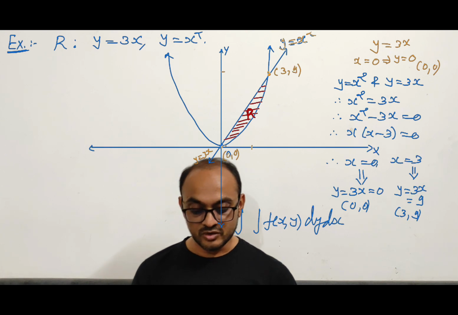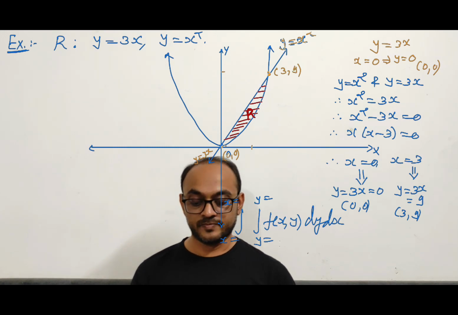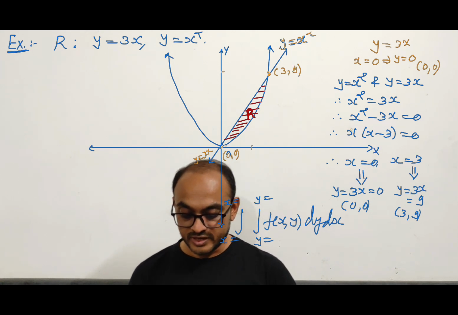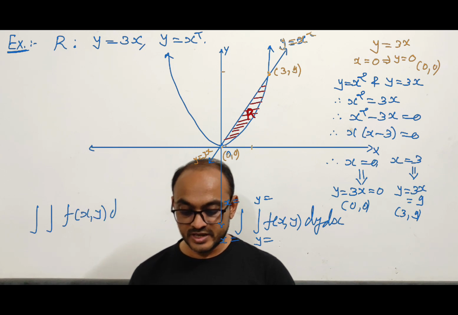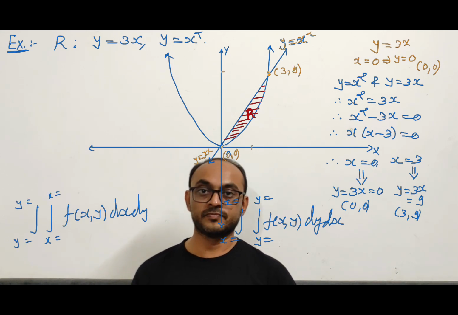For this case, y is the inner limit and x is the outer limit, right? Next, double integration f of x, y dx dy. Here x is the inner limit and y is the outer limit.